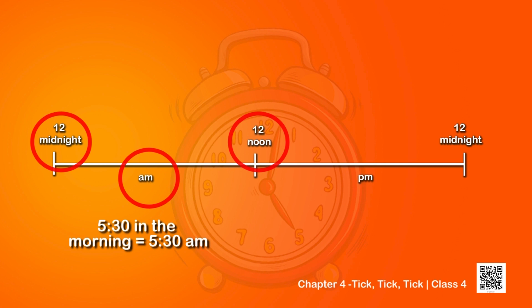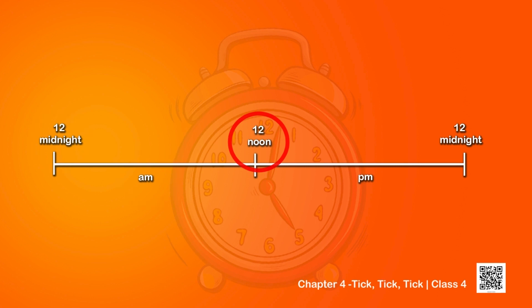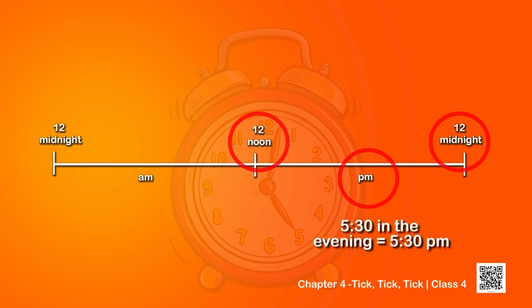Got it? Then 12 noon to 12 midnight, that is the afternoon hours, will be denoted by PM. So, 5:30 in the evening can be written as 5:30 PM.